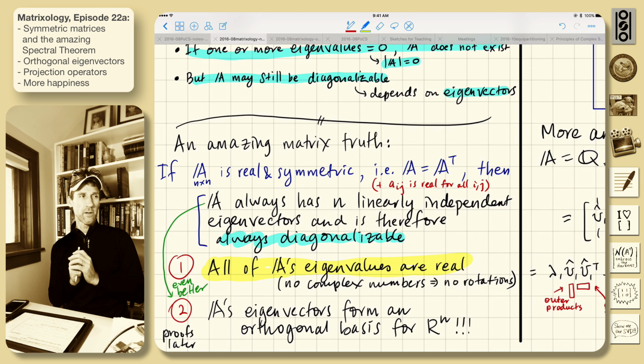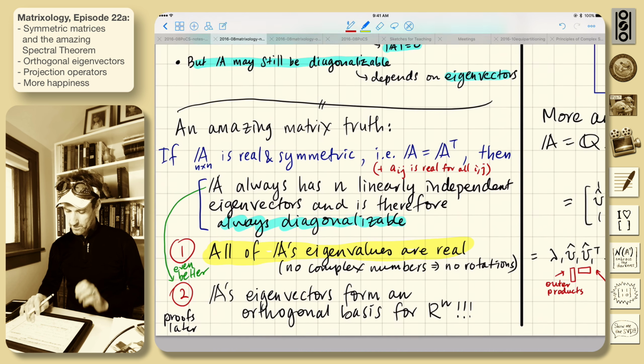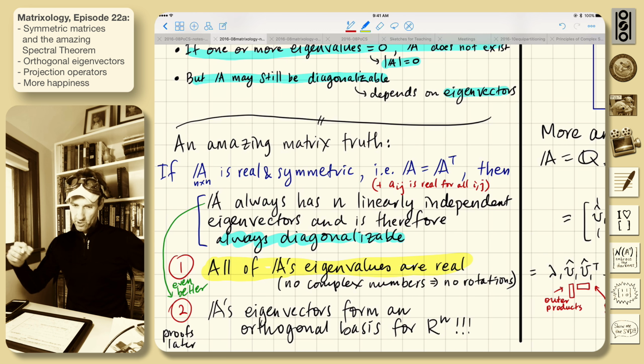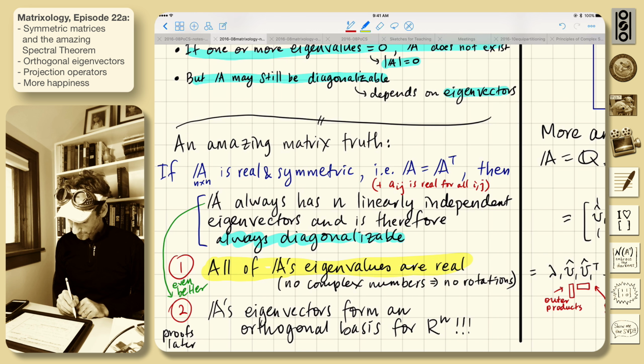But that's it, right? We haven't really done this, but complex numbers for eigenvalues encode rotation. So we know it's not a rotating thing. It's just sort of a stretching and maybe a flipping thing.